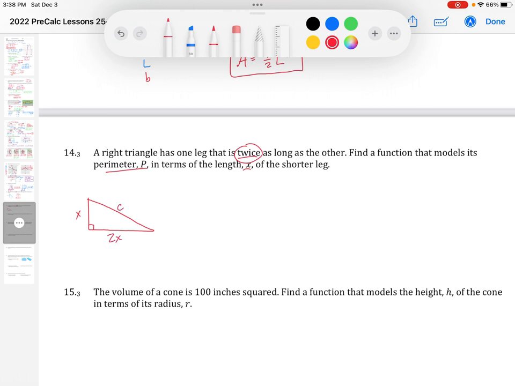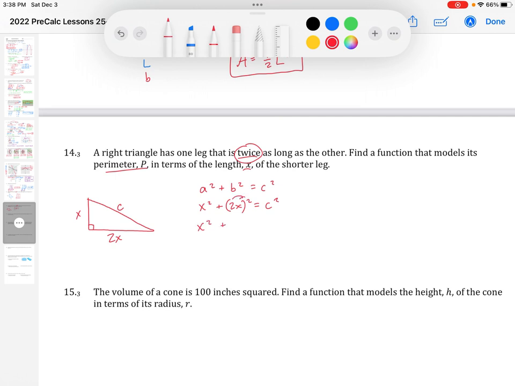And for now, I'm just going to call this hypotenuse C. Since this is a right triangle, we can use a squared plus b squared equals c squared. And our legs are a and b, so I'll say x squared plus 2x squared equals c squared.